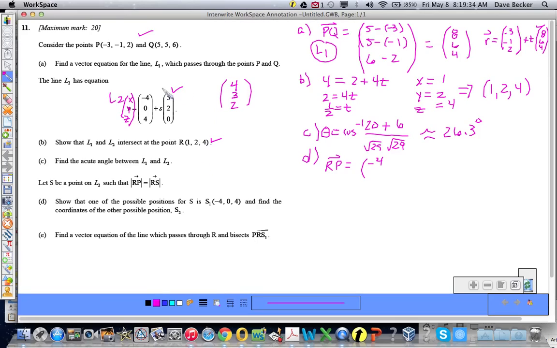I keep messing up. Okay, negative 1 minus 2 is negative 3. And then 2 minus 4 is negative 2. Okay, so I got that going for me. And I know that magnitude RP then would be equal to root 29.